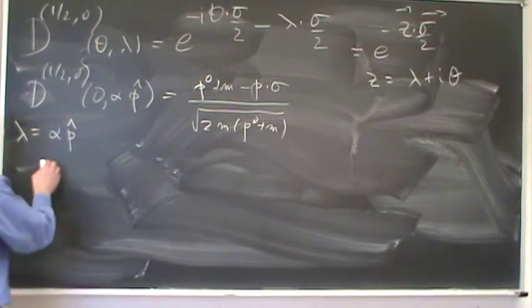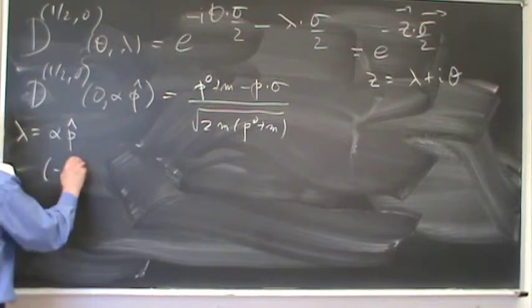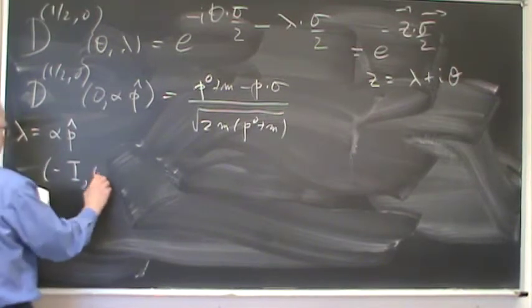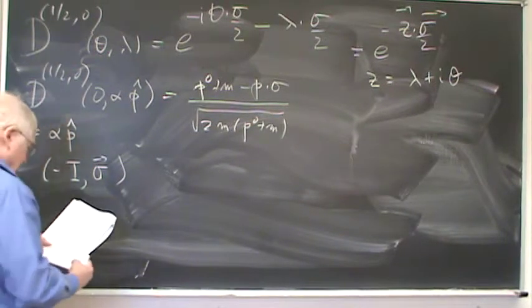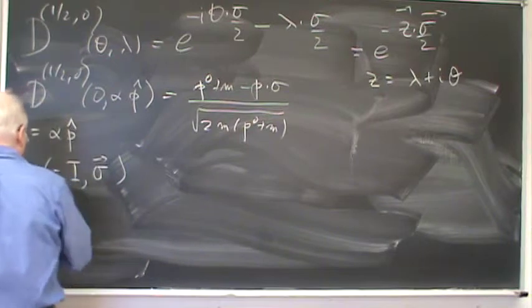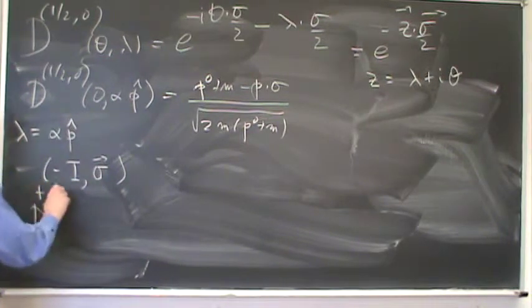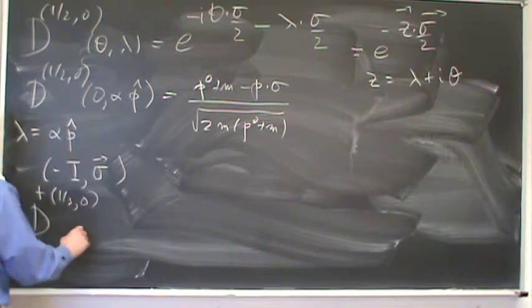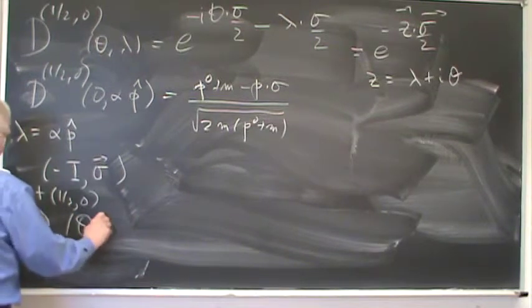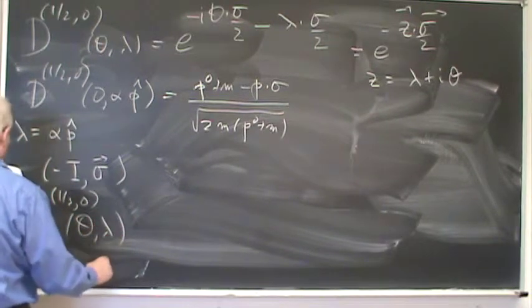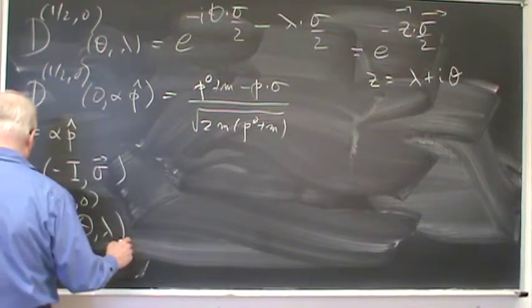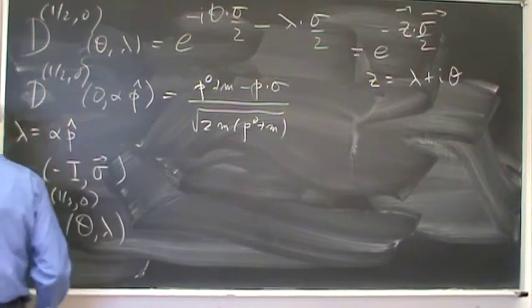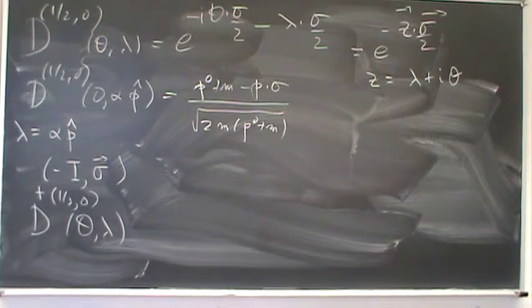In particular, if we define a 4-vector like this, minus the 2x2 identity, and then the 3-vector sigma, what happens is this: d adjoint of 1/2 0 for a general Lorentz transformation. In fact, now I see I used the wrong notation.